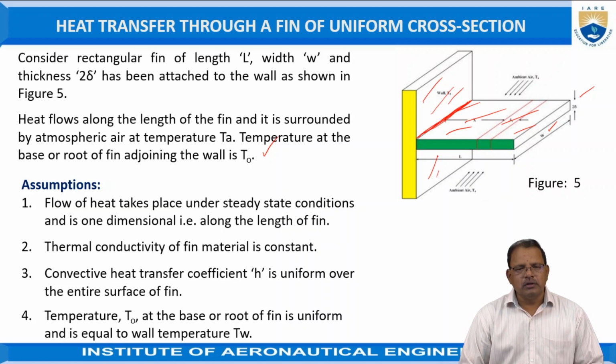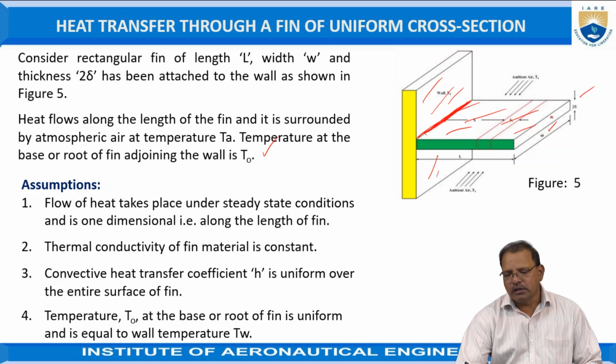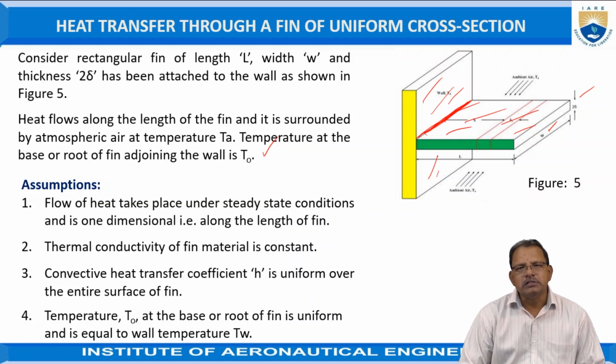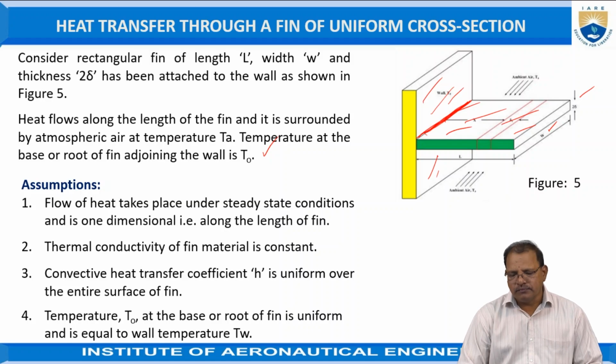The convective heat transfer coefficient h is uniform over the entire surface of the fin. The temperature T0 at the base root of the fin, at the junction of the fin and the wall, is equal to the temperature of the surface, because the fin material has high thermal conductivity.